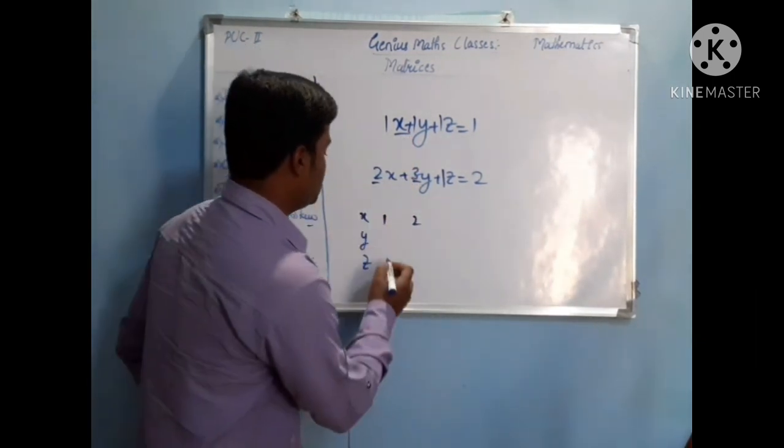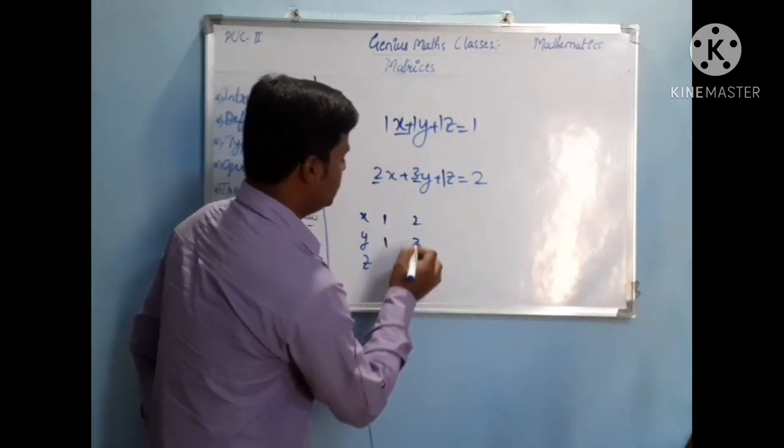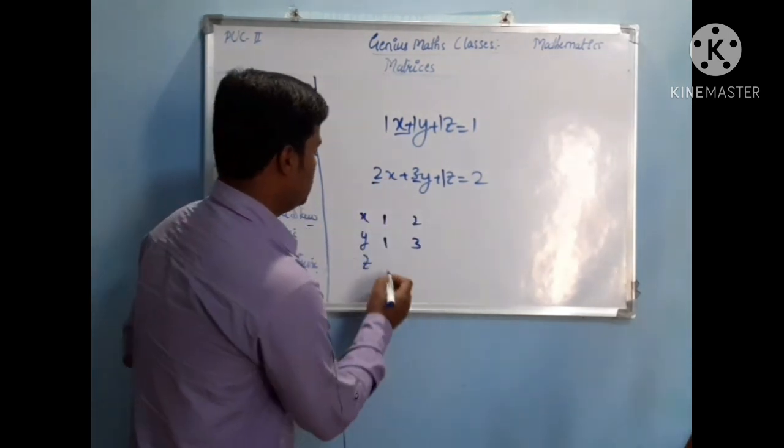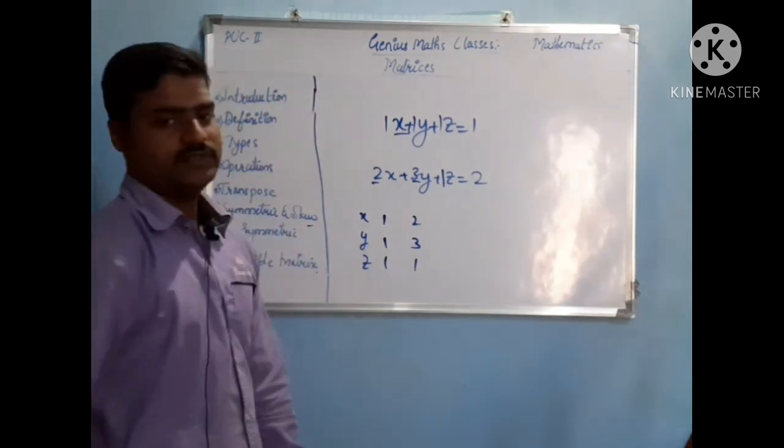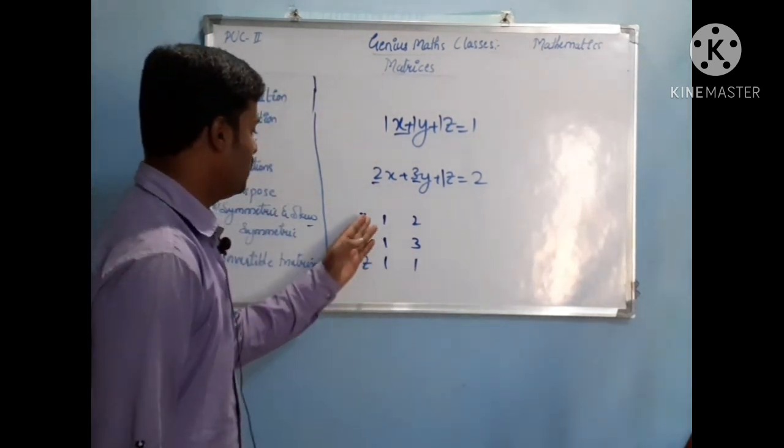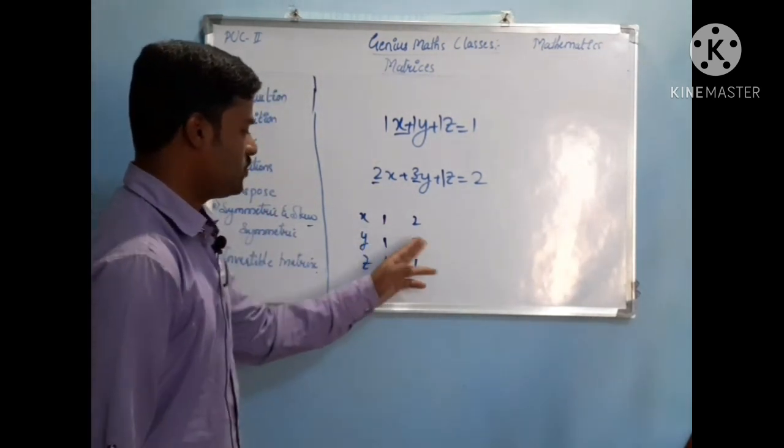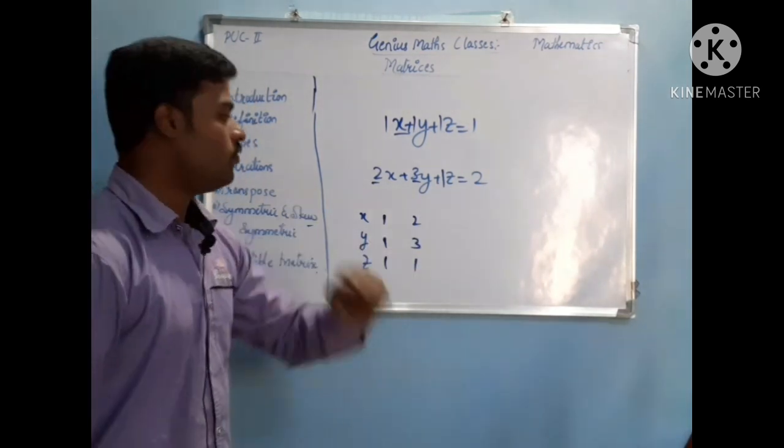The y coefficient is 1 and here 3. The z coefficient is 1 and here 1. So this is x coefficient 1 2, y coefficient 1 3, and z coefficient 1 1.